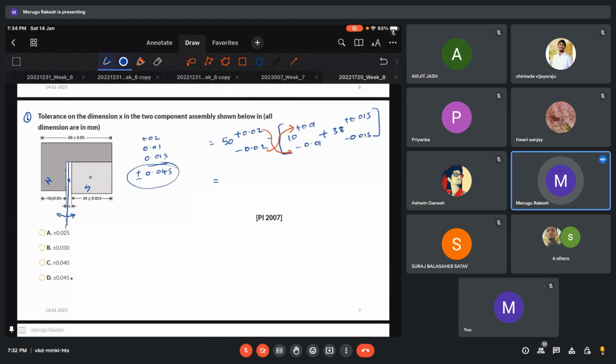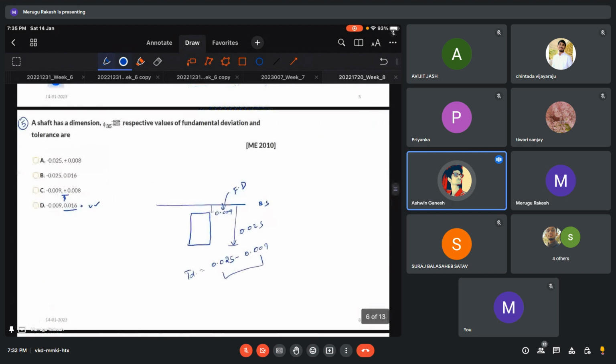So considering only the shaft alone or hole alone, here both of them are equally far from the zero line.